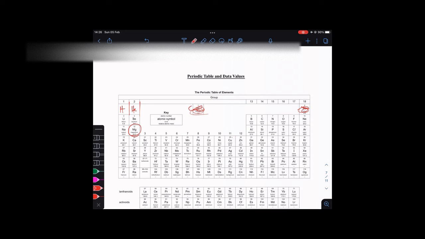That's how we get the electronic configuration. This whole part is called the S block, this one is called the D block, and this one is called the P block.